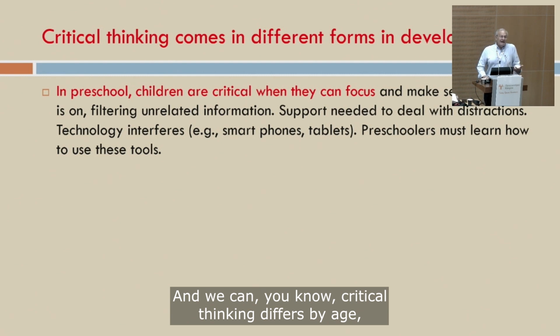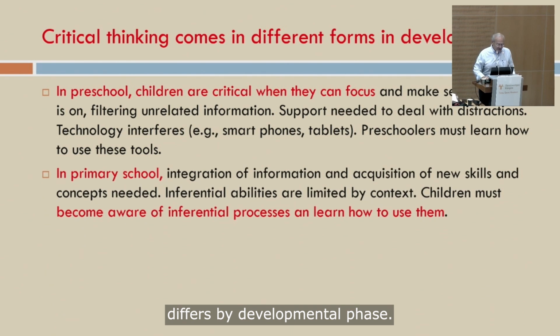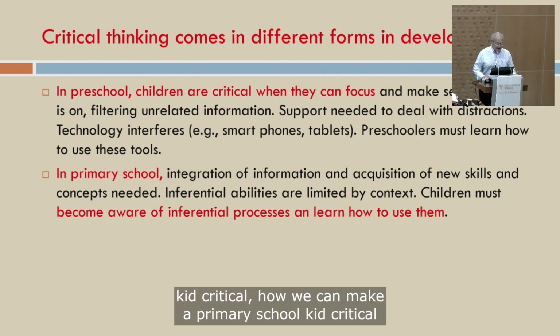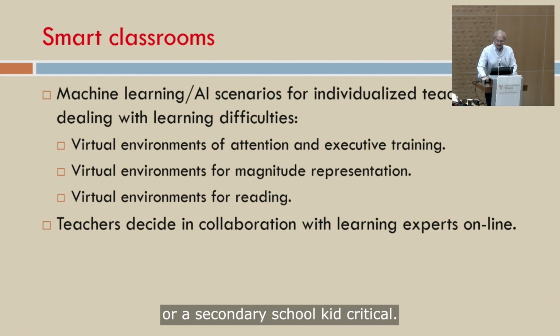And critical thinking differs by age, differs by developmental phase. So we have to have a program for how we can make a preschool kid critical, how we can make a primary school kid critical, or a secondary school kid critical.